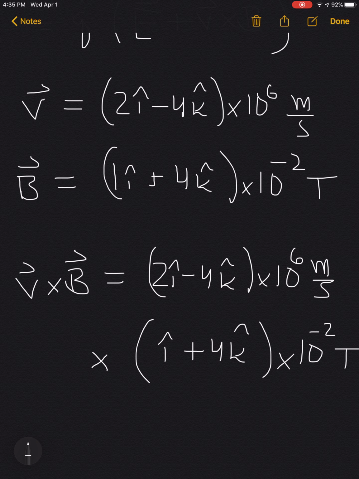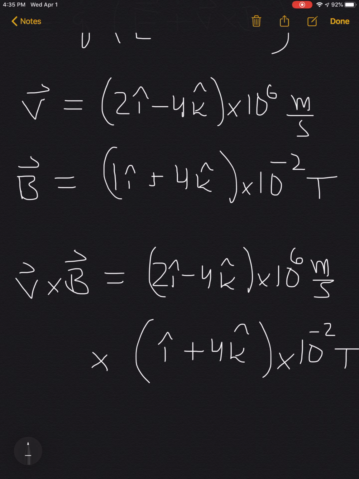One thing to note is that both of these vectors are in the xz plane. You might not know exactly what the numerical value will be or the exact direction, but you know it's going to be in the y direction, because the cross product of two vectors in the xz plane should produce something in the y direction.